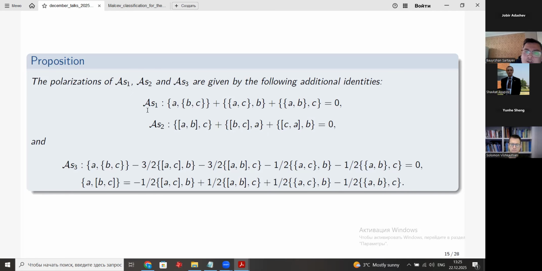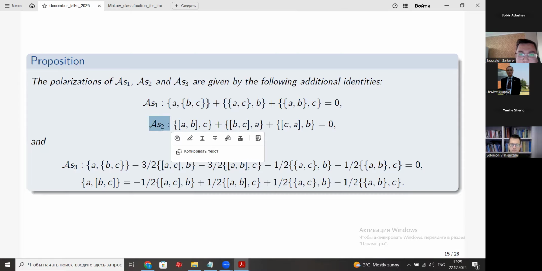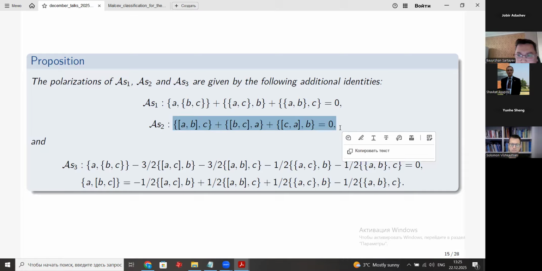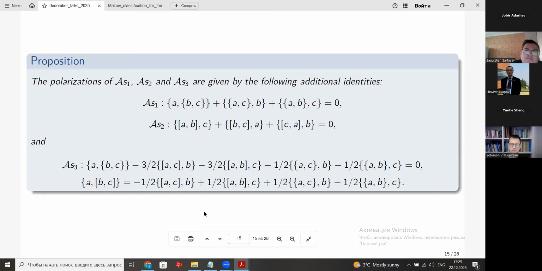In the case of S1, the additional axiom will be this one, like the axiom of a Mokli algebra. In the case of S2, we obtain this new additional identity. In the case of S3, we obtain these two. So that's the polarization of S1, S2, and S3.